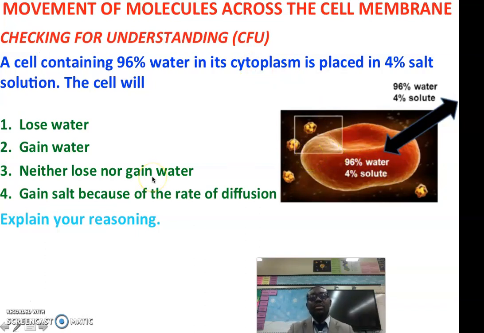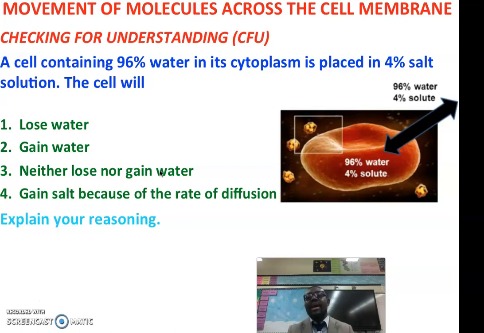So that means the solution is isotonic. This means the cell will neither lose water nor gain water, because the concentration of water molecules in the cell is the same as the concentration of water molecules outside the cell, in the solution.